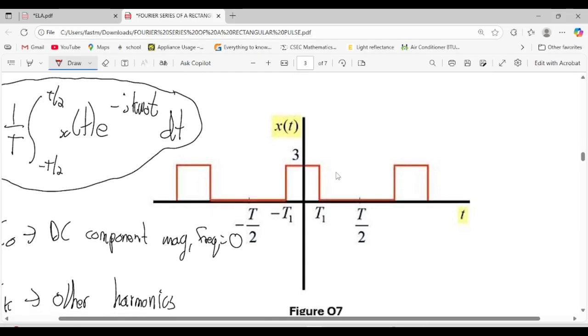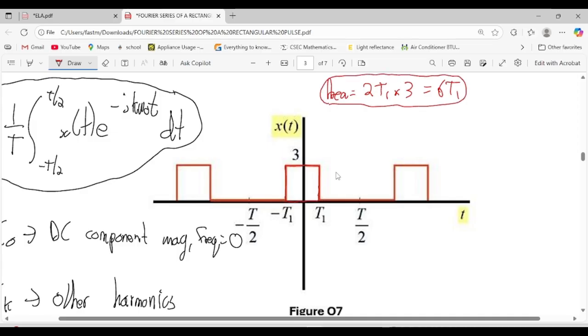This here is your pulse. If I wanted the area, the width going from minus T1 to T1 is just 2T1. That is the width, sorry. To get the area, you multiply by the amplitude, which is 3, because it's length by breadth. So you end up with 6T1. That is the area.